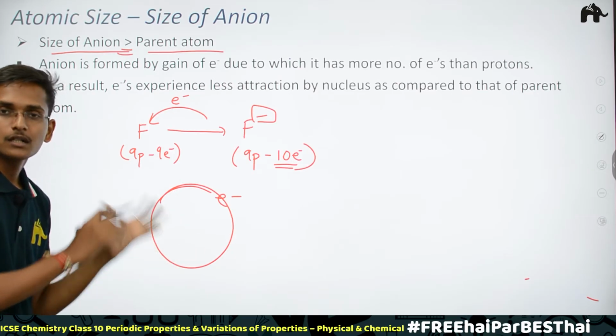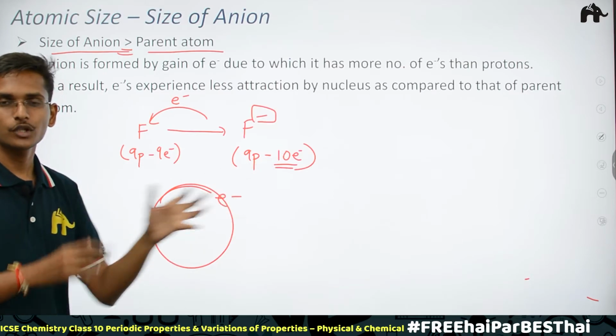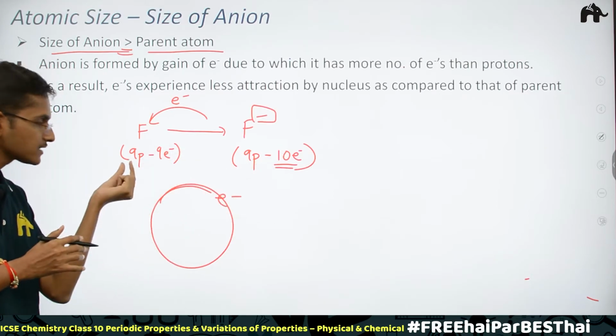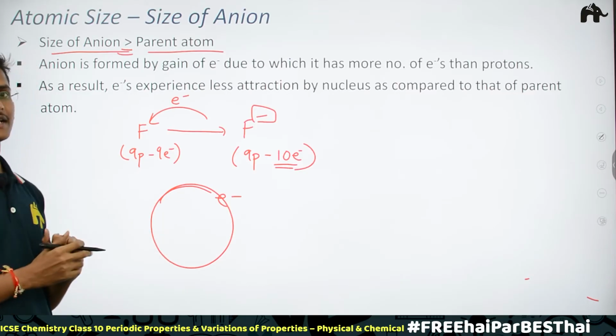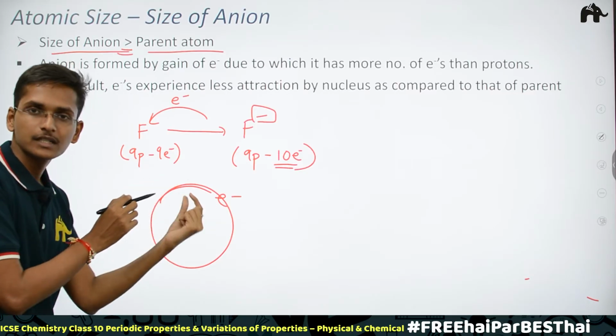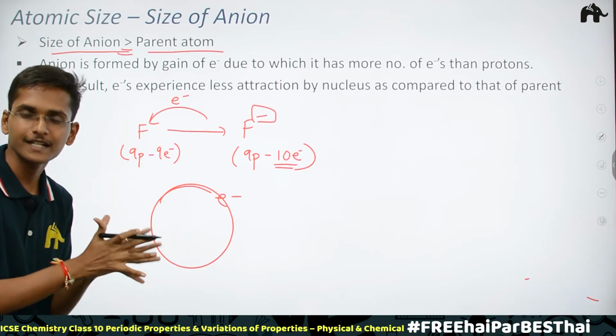Now the 9 protons are not pulling the 10 electrons with as much force as when 9 protons pull 9 electrons. So they are pulling with less force, which means the force of attraction between the nucleus and the electron is less.